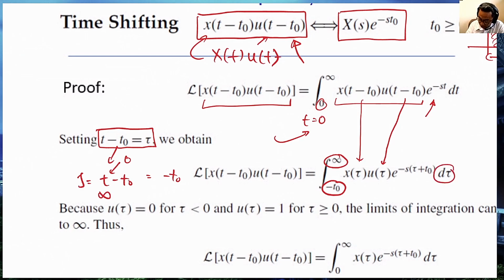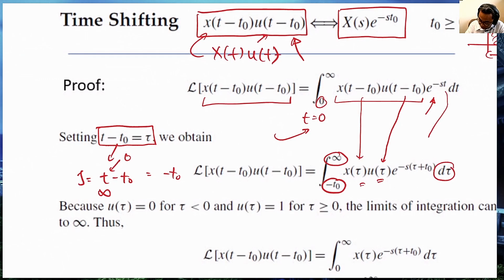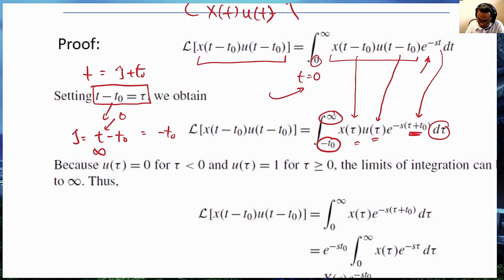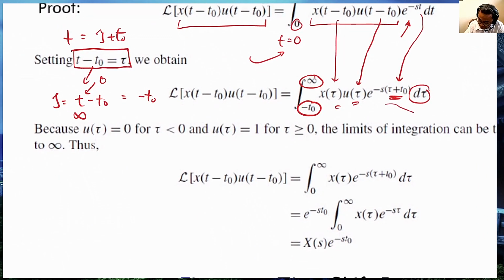Now dt becomes d tau. Over here, t equals tau plus t naught. That's why we've changed the integration over here. Now we can open this up to become e to the minus s tau times e to the minus s t naught.